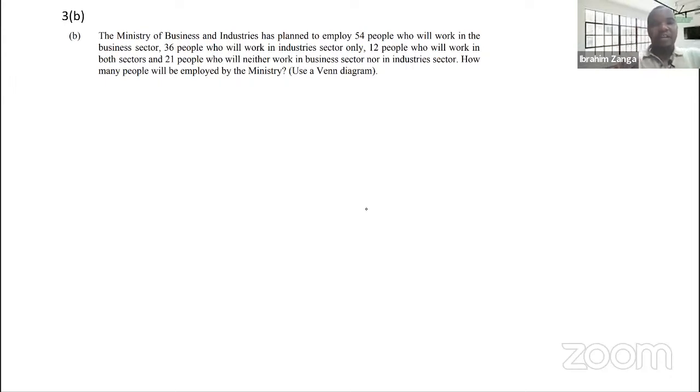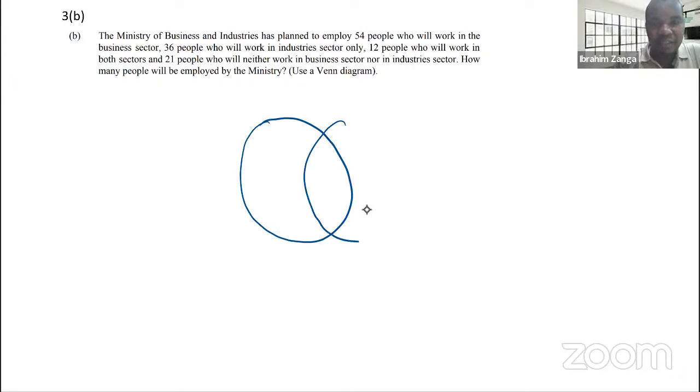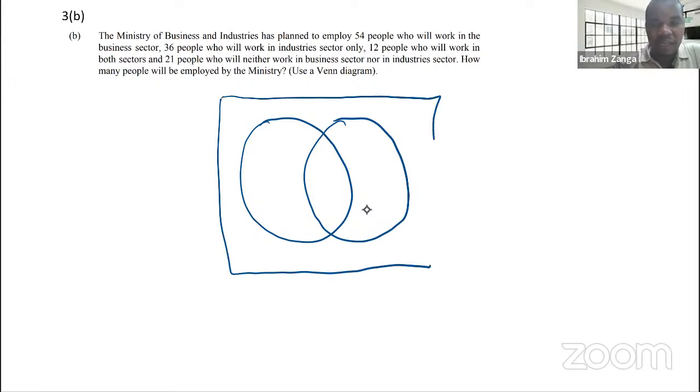So by using a Venn diagram, you have 2 sets. First and foremost, these two sets are enclosed by our universal set. So this is the universal set. This set here will be representing those who are going to work in the business sector.